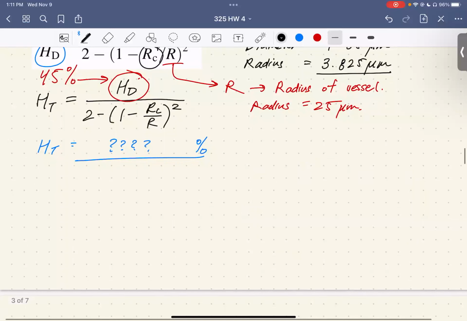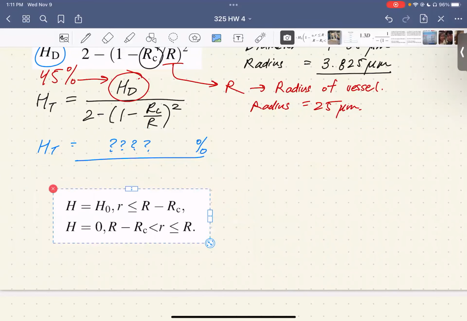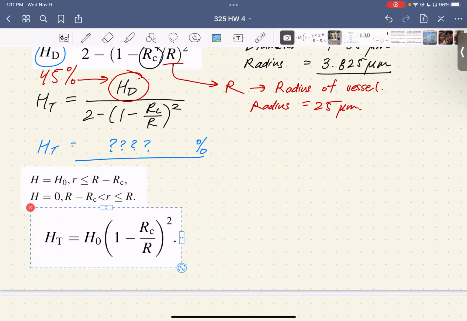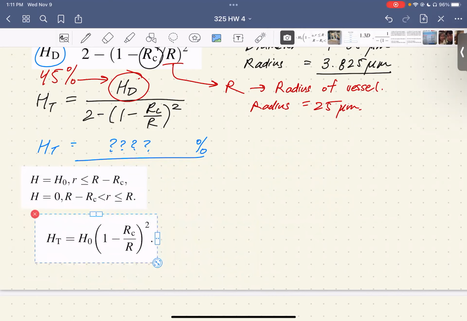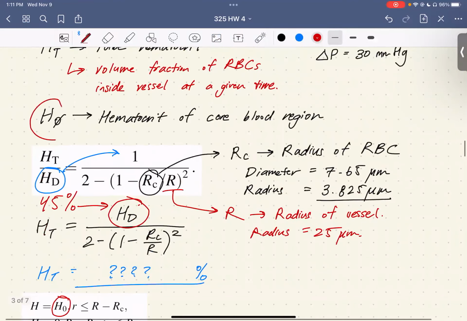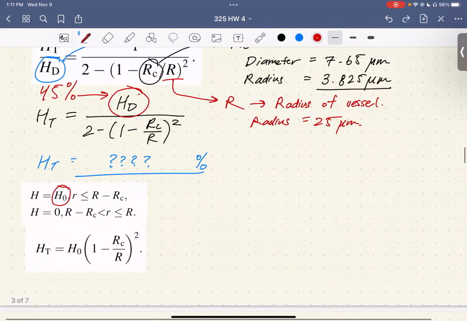We're going to use this relation from the pre-lecture reading. Great. So as you can see right over here, when we have the hematocrit is this H0, this core region of the blood that we defined earlier, we're going to say the radius is all the way from the radius to RC, which is the red blood cell radius.